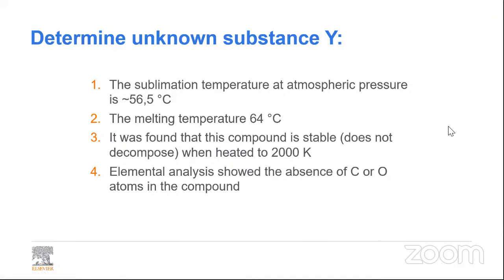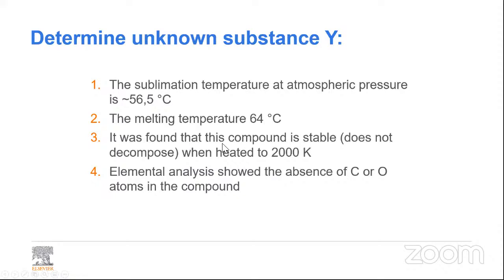Reaxys is useful for this. And here is another similar example, determining an unknown substance. You don't know what the substance is, but you know that the sublimation temperature at atmospheric pressure is this, and the melting point is this.